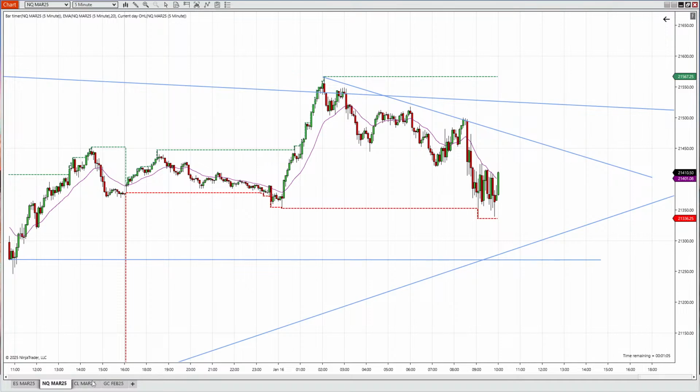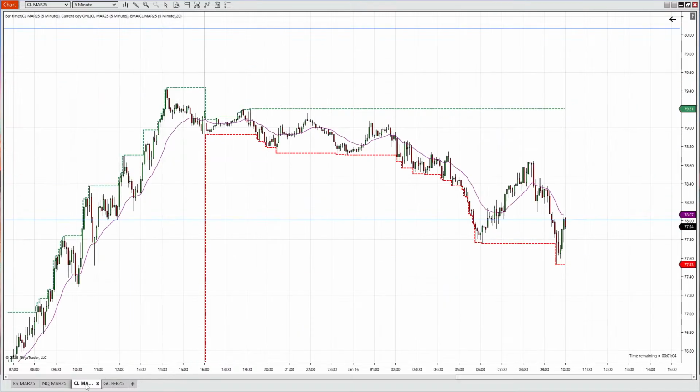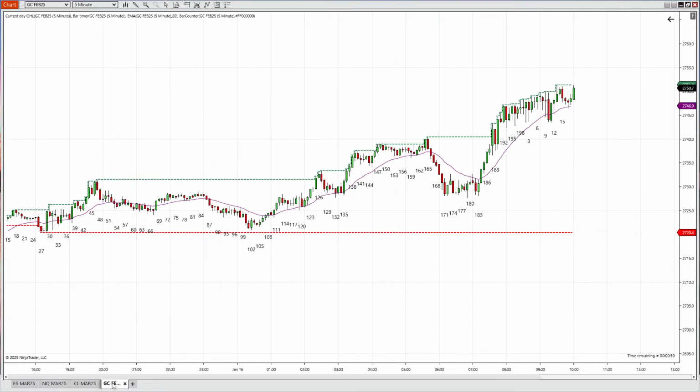Seeing something similar in NQ. Gold is just steadily going up here.